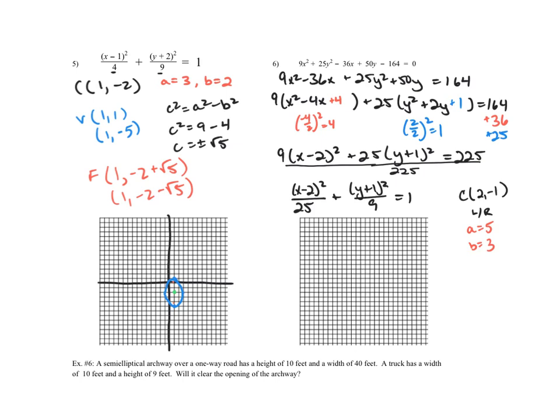So we can go ahead and draw this in. We'll draw in our center of 2, negative 1. And then since a is 5 and it was under the x squared term, we'll count 5 to the left and 5 to the right of that center.